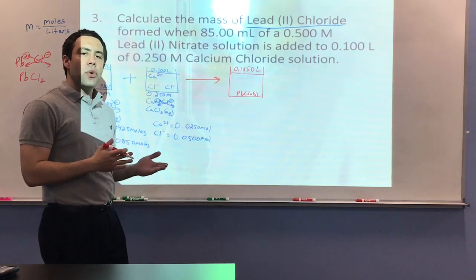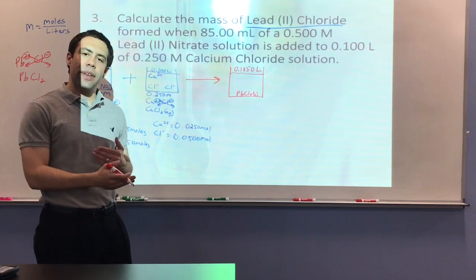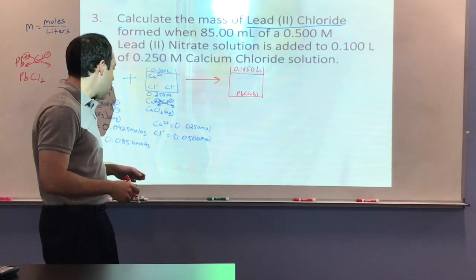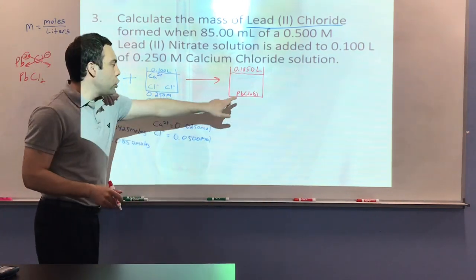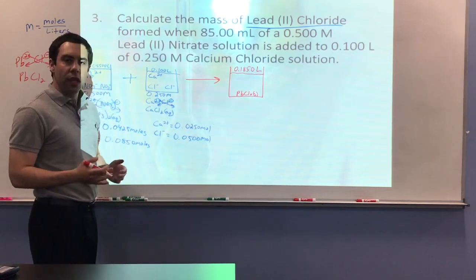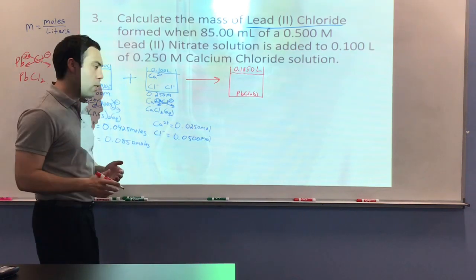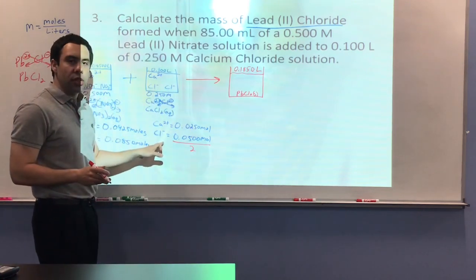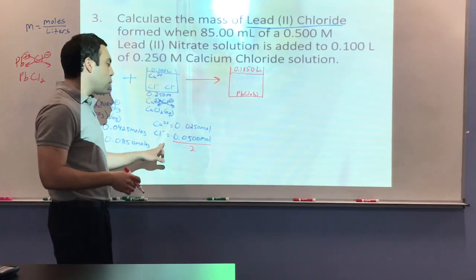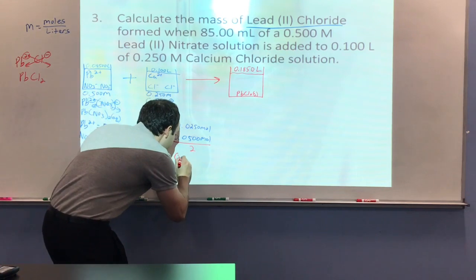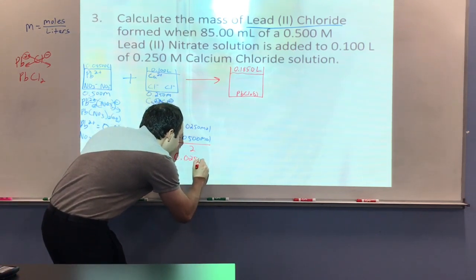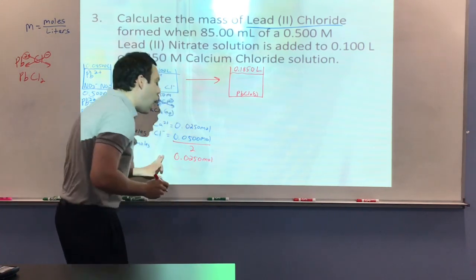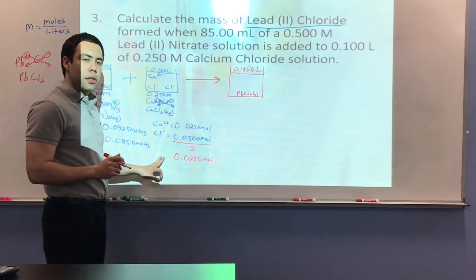Now, to figure out who's the excess and the limiting, we have to do a little bit of a calculation first. It took 2 chlorines for every 1 lead to make PbCl2. So we have to cut the number of moles of Cl in half. So we do that, we have 0.0250 moles of Cl2.